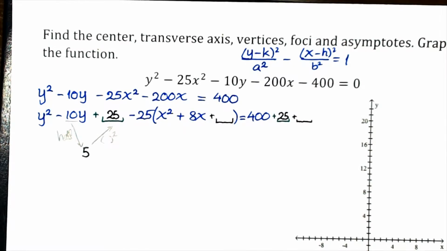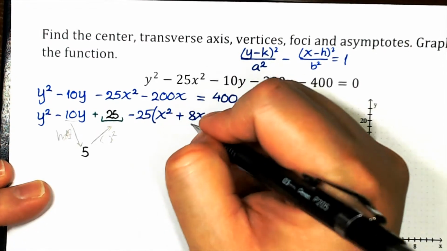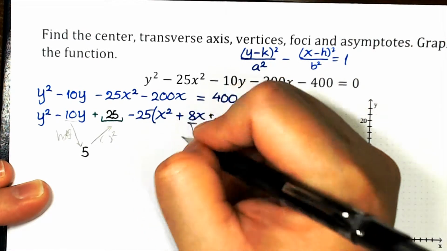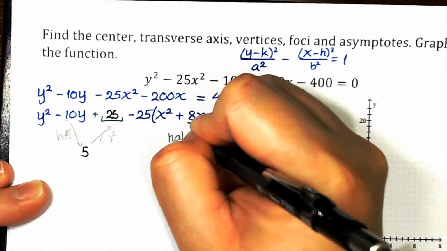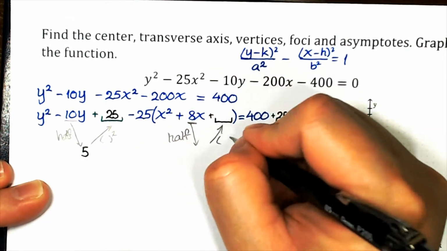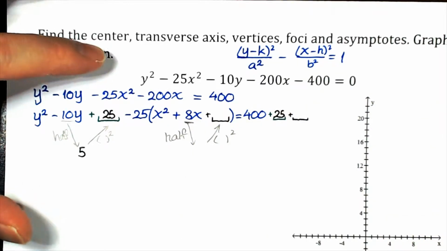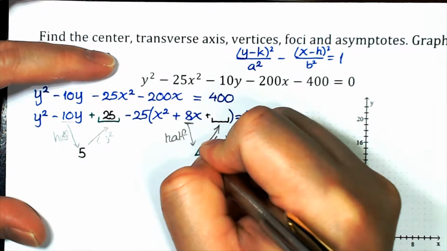Right. Next, do the same thing. Take half of this number and then square it. So half of it, and then we square. Half of 8 is 4. 4 squared is 16.